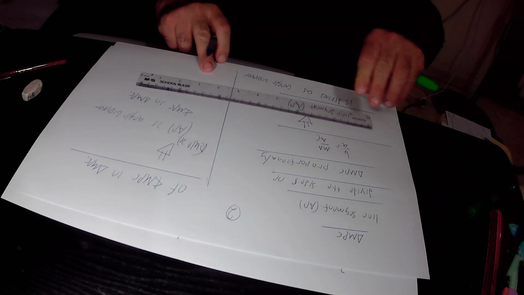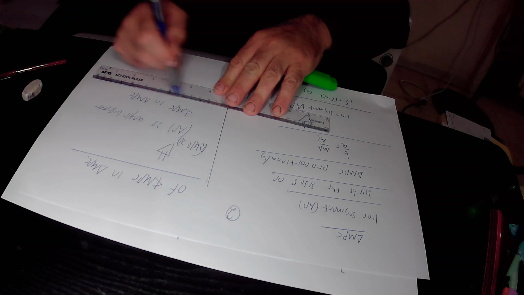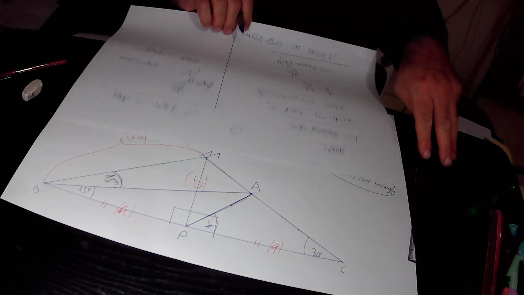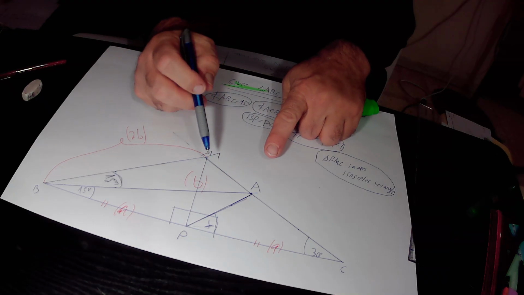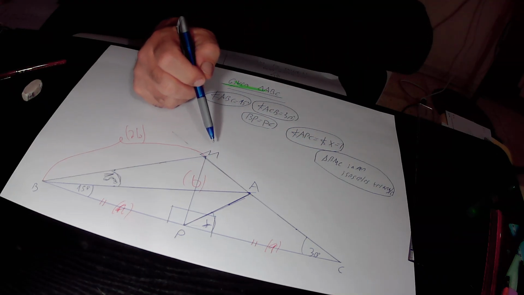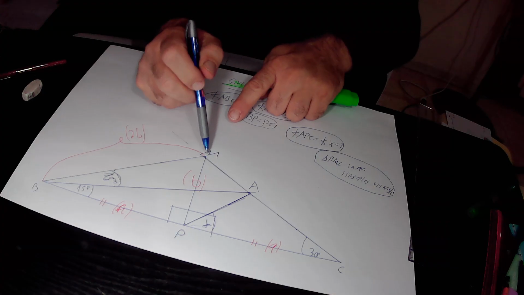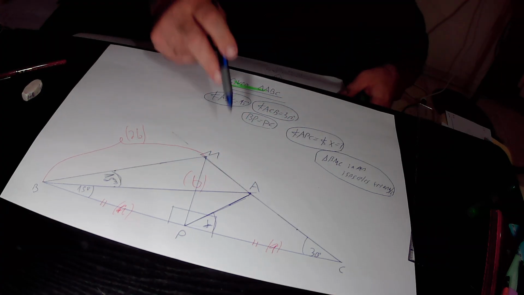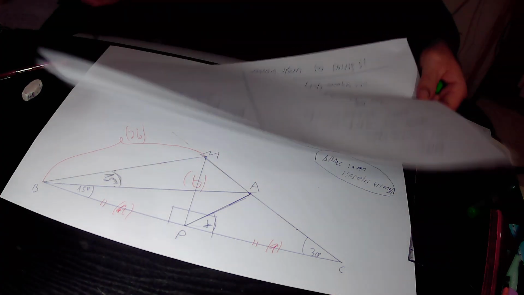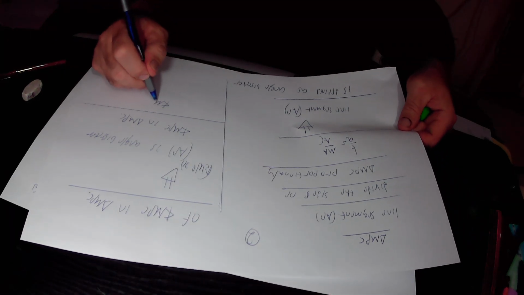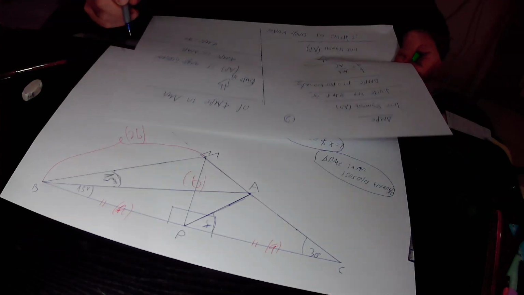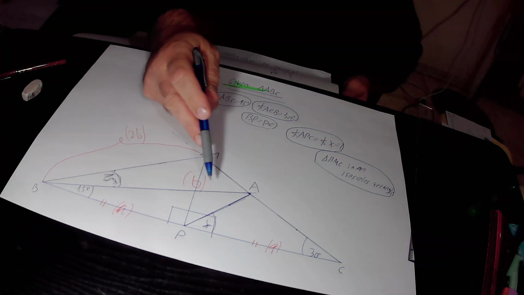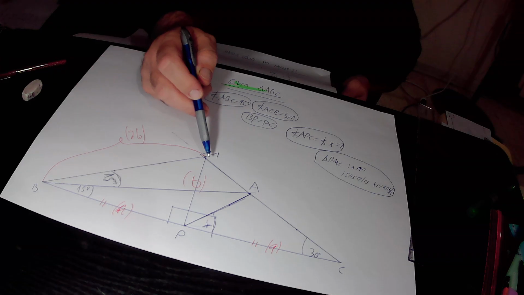So according to Rule 21, line segment AP is the angle bisector of angle MPC. Angle MPC equals 90 degrees in its size, and according to Rule 21, AP is the angle bisector of angle MPC.